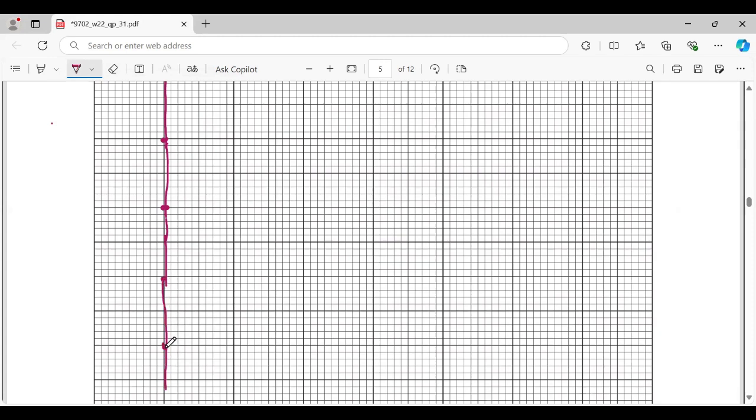Okay, so the origin will be here, and this is the D-axis.